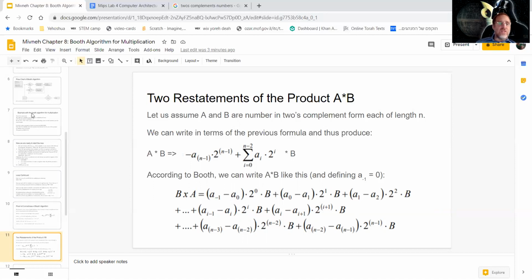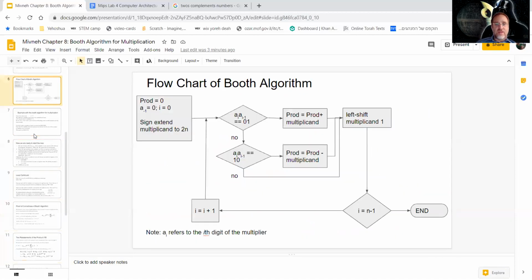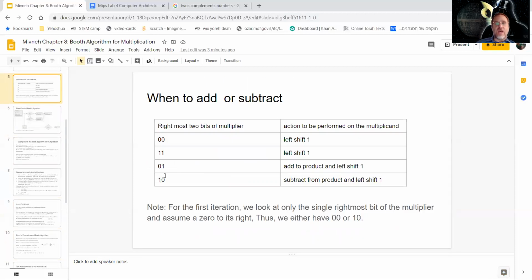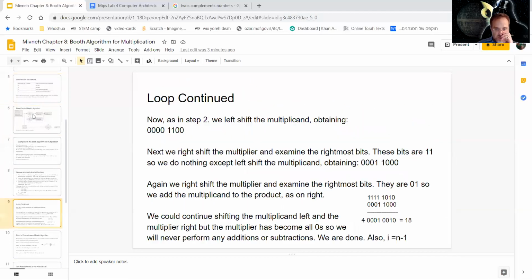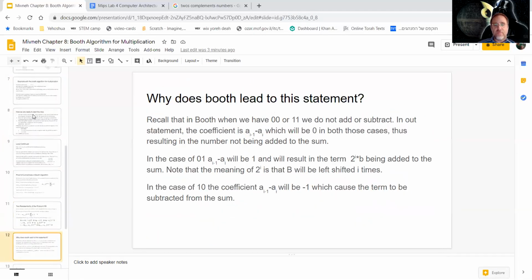Furthermore, what else did Booth say? Booth said that if it's a 0, 0, then I don't do anything. But if it's a 0, 1, then I don't do anything either. So that's the other possibility. In the first case, it's either a 0, 1 or 1, 0 or 0, 0, then I won't do anything. What does it mean, 0, 0?